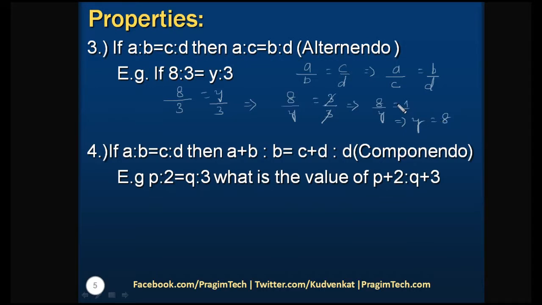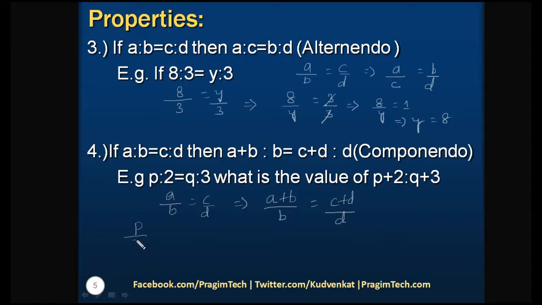Right? The next property is called componendo. According to this, if A by B is equals to C by D, which implies we can write it as A plus B by B will be equals to C plus D by D. Let's consider one example.